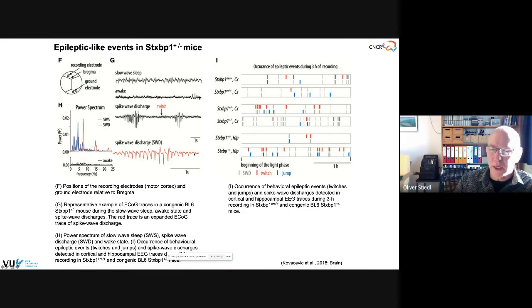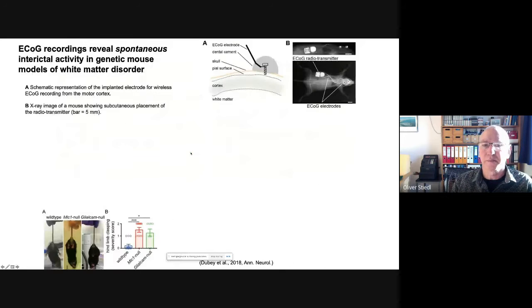Actually, we now also use drug treatments with anti-epileptics that are also used in these children, and they are rectifying and improving the situation for the mice. So this is a very useful approach because you get fantastic data, since you're doing this in the home cage.